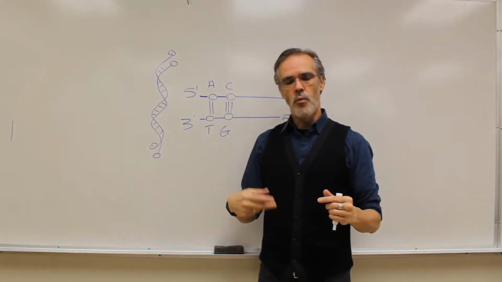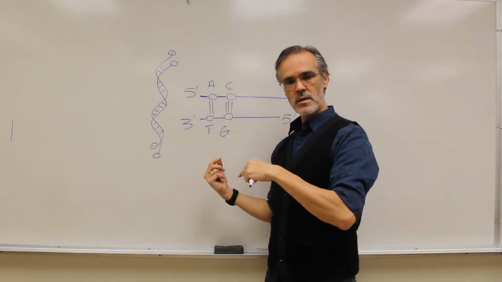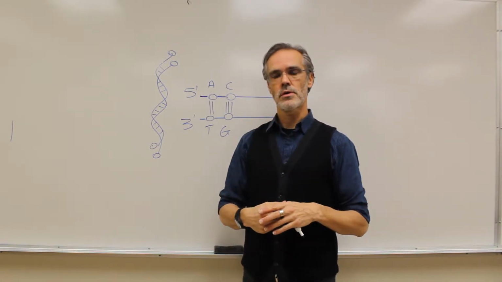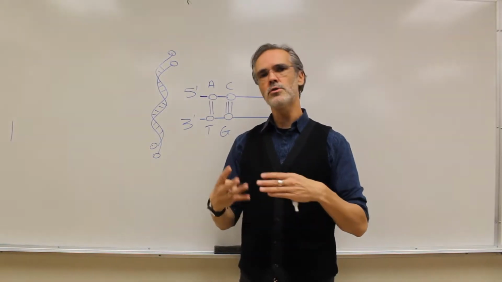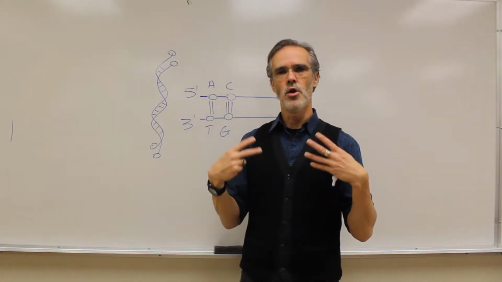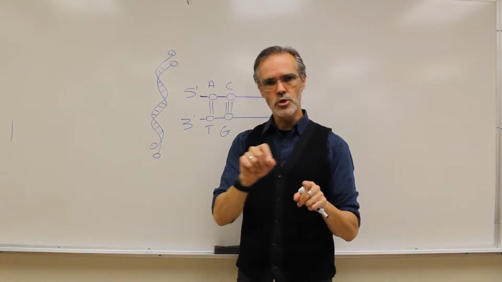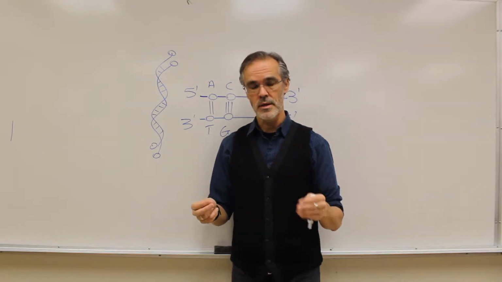Now, why is it 5 prime or 3 prime? I'm not going to explain this in a video, but you will have access to this in your class material. And it's important for you to understand not so much exactly what structure it is and being able to draw it from memory. This is not that important at this point.